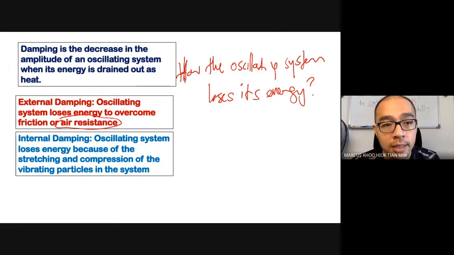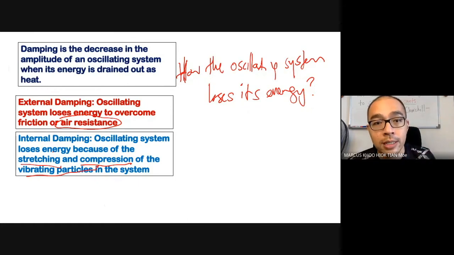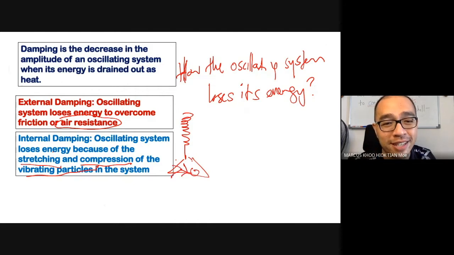So the oscillating system loses its energy because of the stretching and the compression of the vibrating particles in the system. Think of the spring just now. You know the spring that had the baby just now? Oh no. Okay, fine. Baby is in here. Oh my goodness, what a horrible position, but okay, fine.